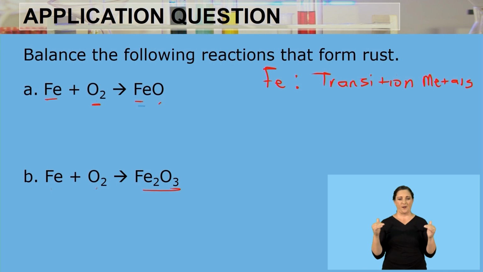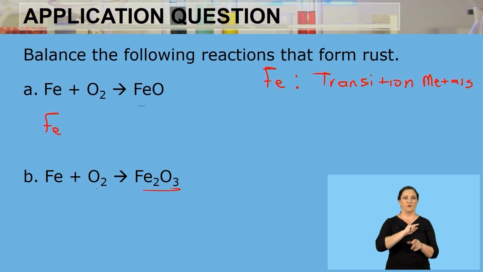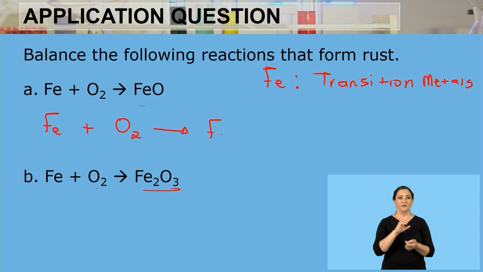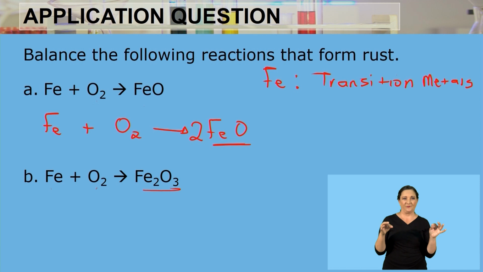To balance that oxygen, we need to insert a 2. Remember that the coefficient 2 goes for everything in this compound. That means we now have 2 irons and 2 oxygens on the right-hand side. So now the oxygen is balanced.